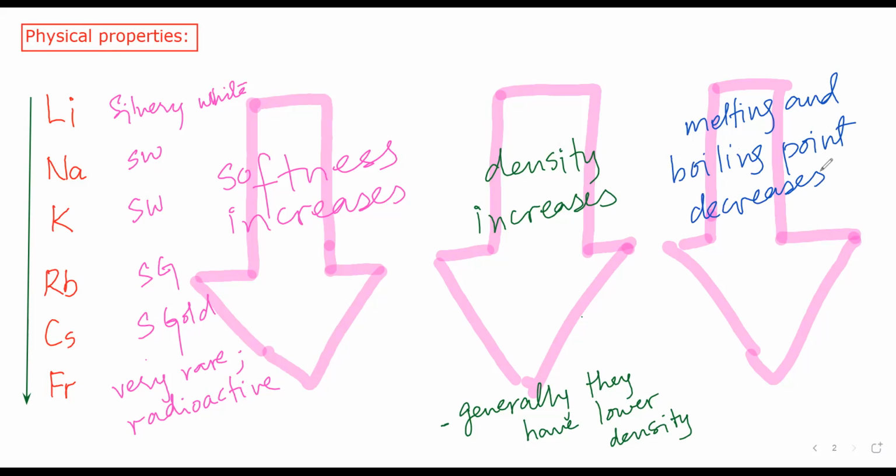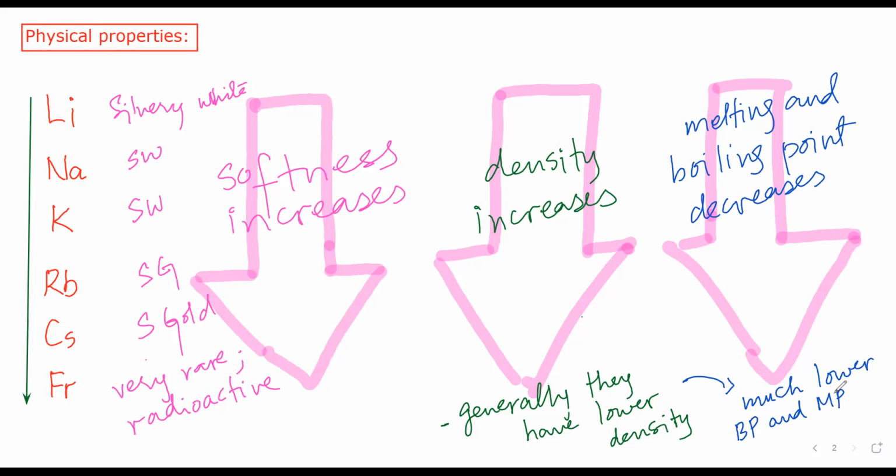Also keeping in mind, generally they have much lower boiling point, BP, and melting point, MP, as compared to other metals. So this is about group 1.